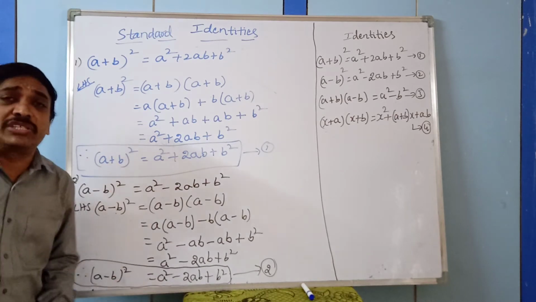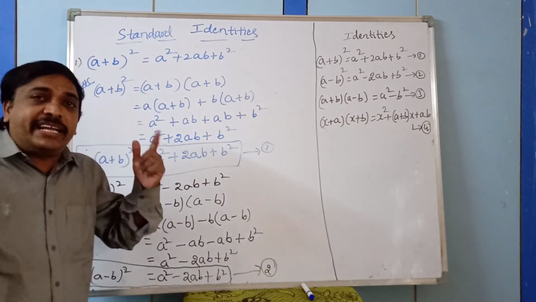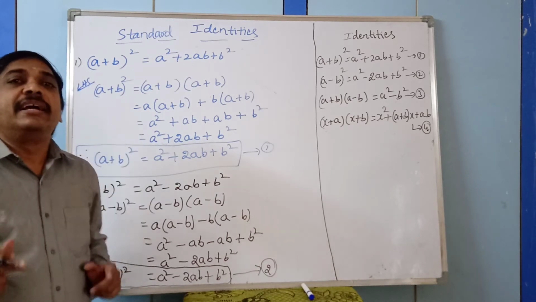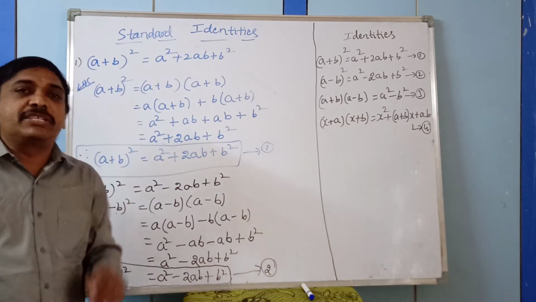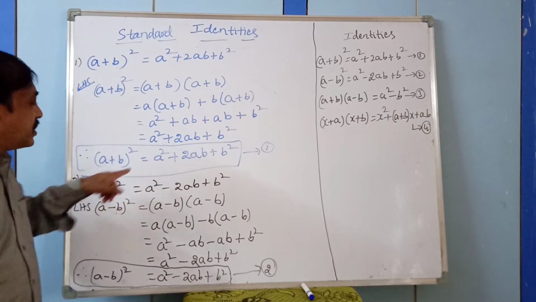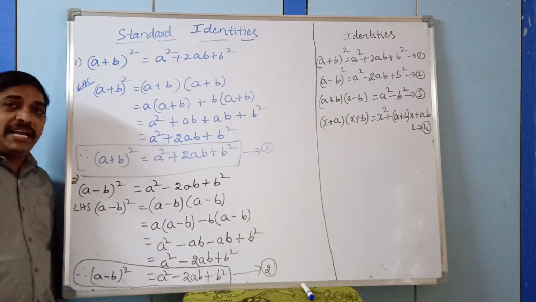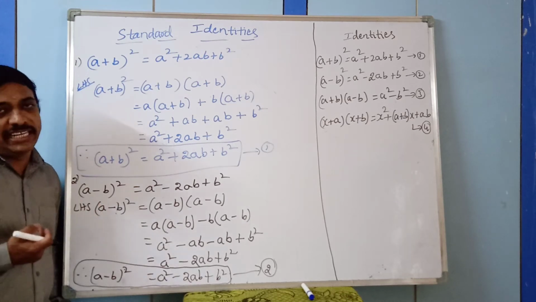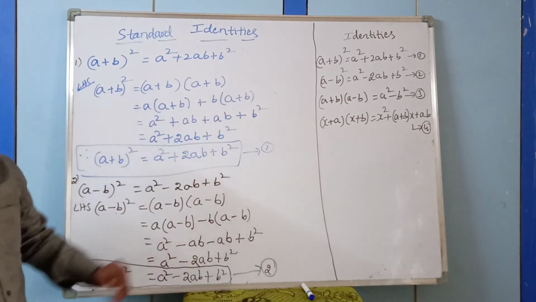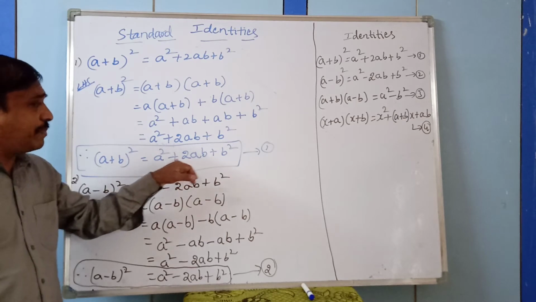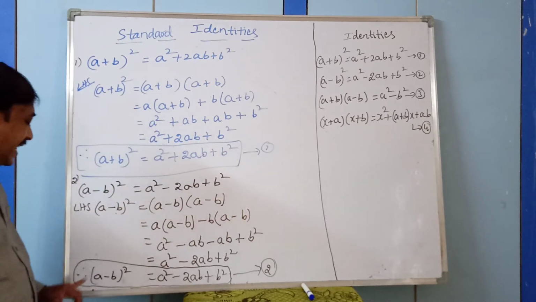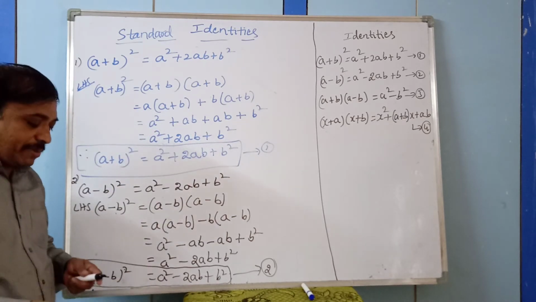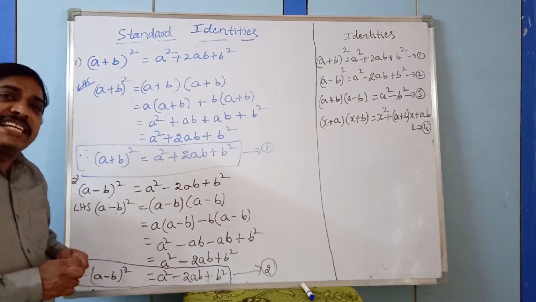What is (a minus b) whole square? If anyone asks, immediately you must be alert and say a square minus 2ab plus b square. What is (a plus b) whole square? A square plus 2ab plus b square. Is it clear, children? These are the two identities which we discussed. How are we obtaining these identities?